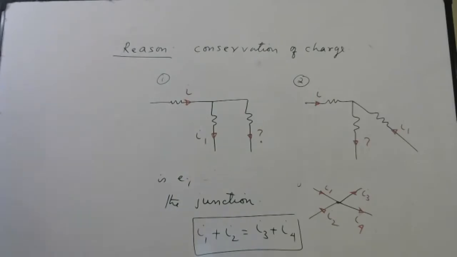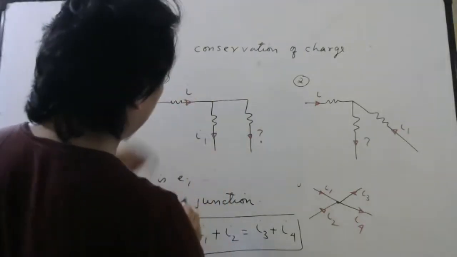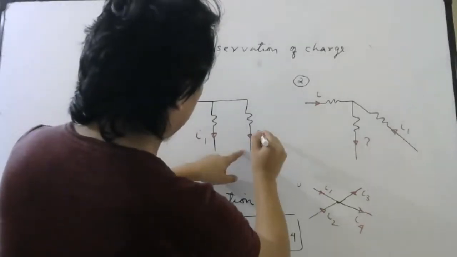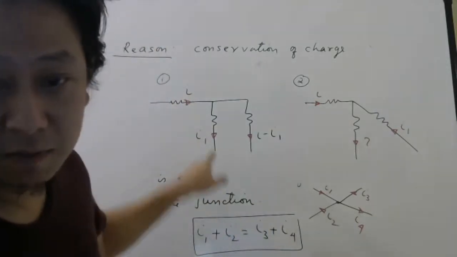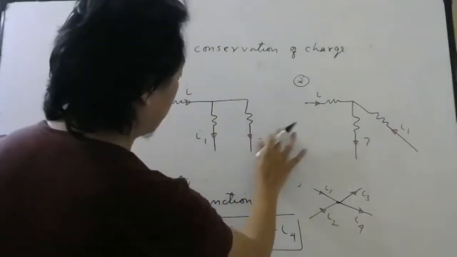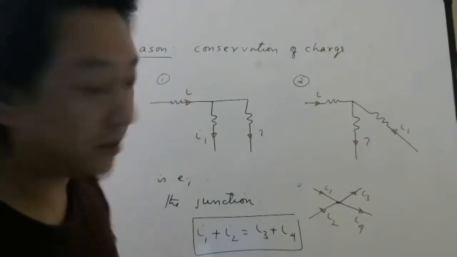So what is the answer for this? You can see I is entering, I1 is leaving. Here, how much will leave? I minus I1. So first one is I minus I1. That is because this is entering, this is leaving. Suppose this is question mark. Then what does Kirchhoff's current law say?